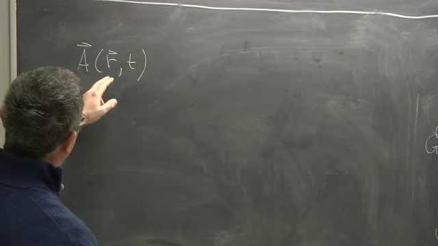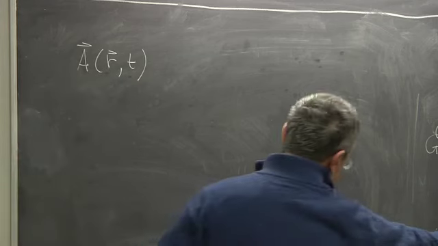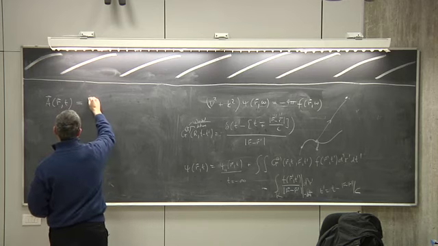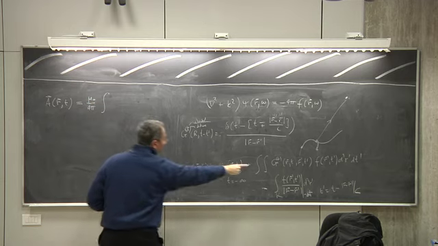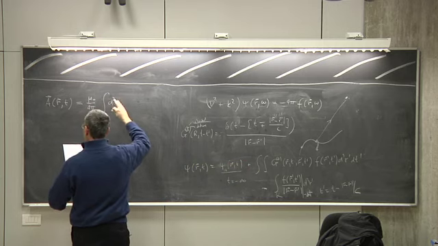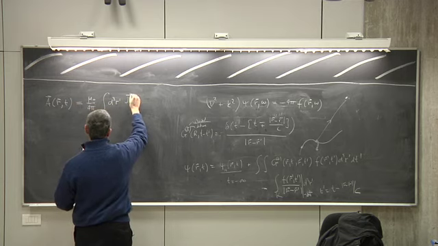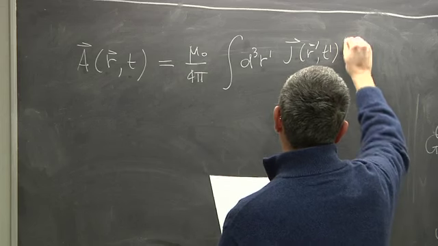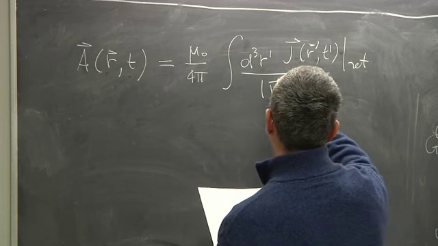So at the space-time point identified by R and T is given by, so now is A, so I have mu naught divided by 4 pi, if I did it right, this integral d3R prime over the volume where you have some current, J in this volume, at T prime, but retarded, divided by R minus R prime.